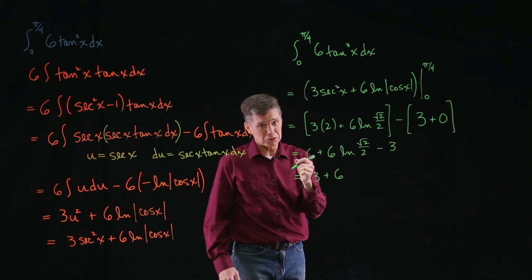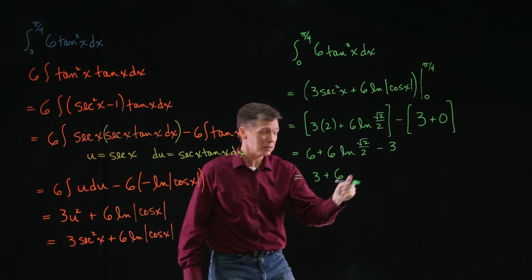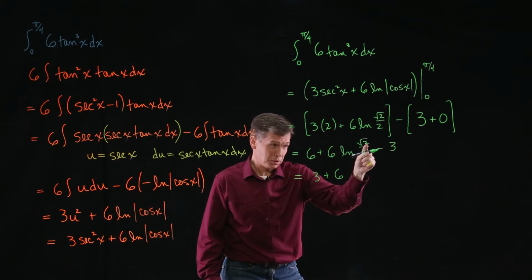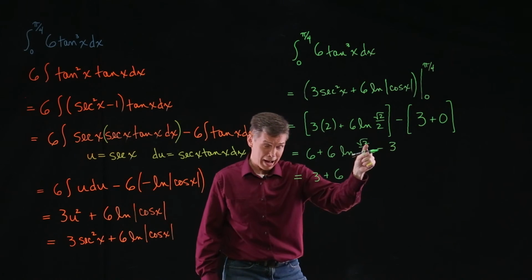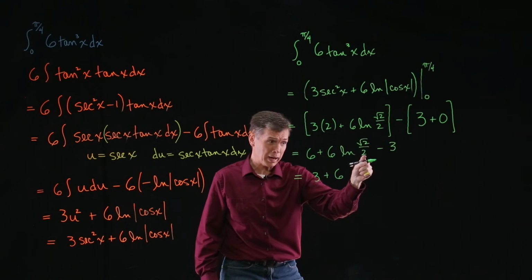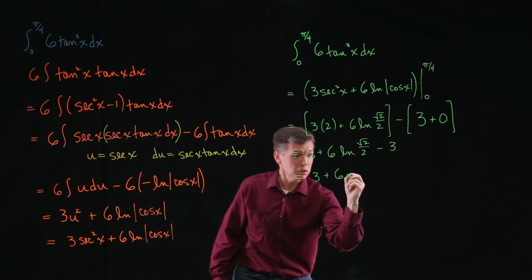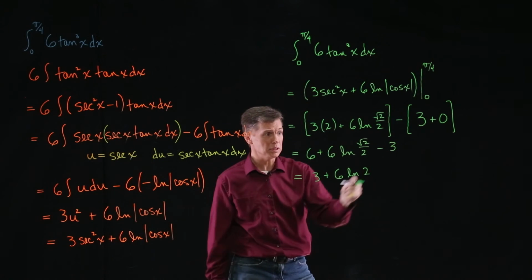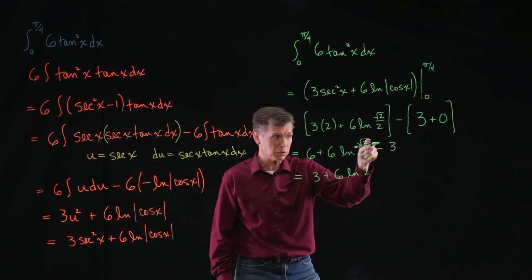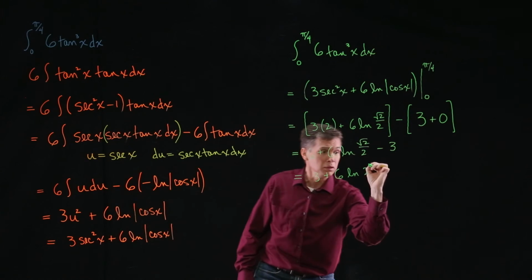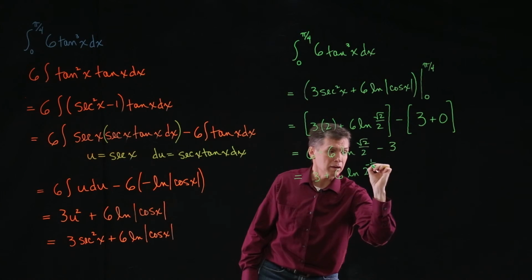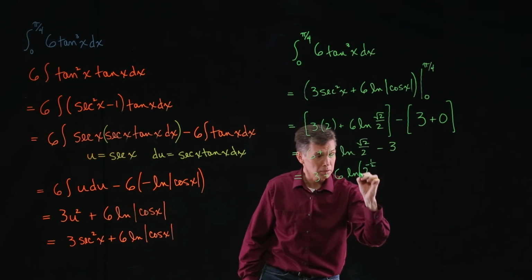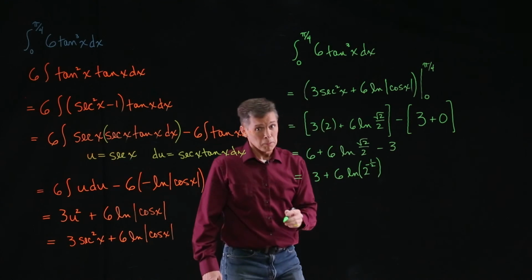I mean, I'm not trying to impress you, but I always hate to go to a calculator. This 2 in the numerator has a power of 1/2, and this 2 in the denominator has a power of 1. You can look at this as the natural log of 2 raised to the, if we subtract powers, 1/2, take away the 1, would give us a minus 1/2 as the power of 2.